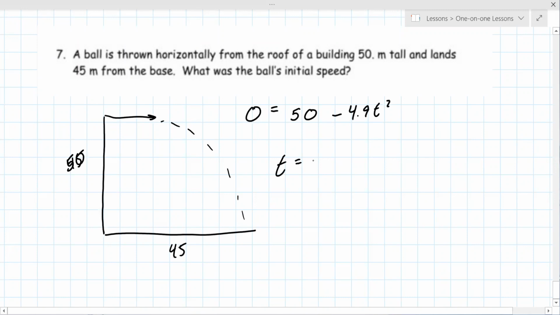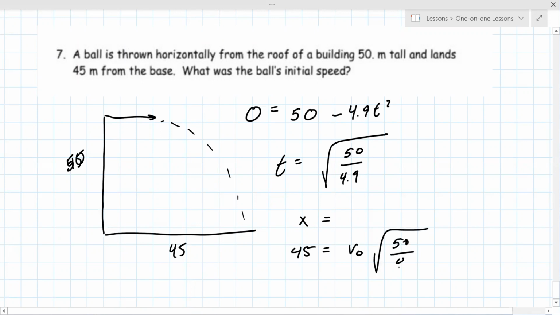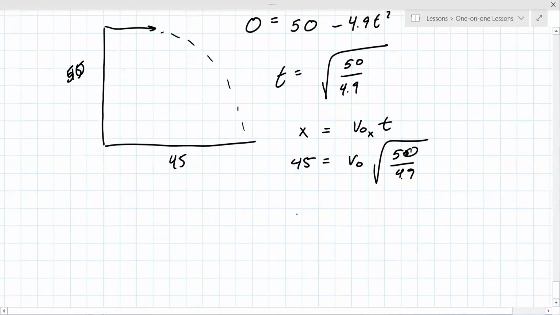So t is equal to the square root of 50 over 4.9. We know that it went 45 meters away, so x, that's our 45, equals our initial velocity in the x direction, which we don't know, times t. So v0x is 45 over the square root of 50 over 4.9.